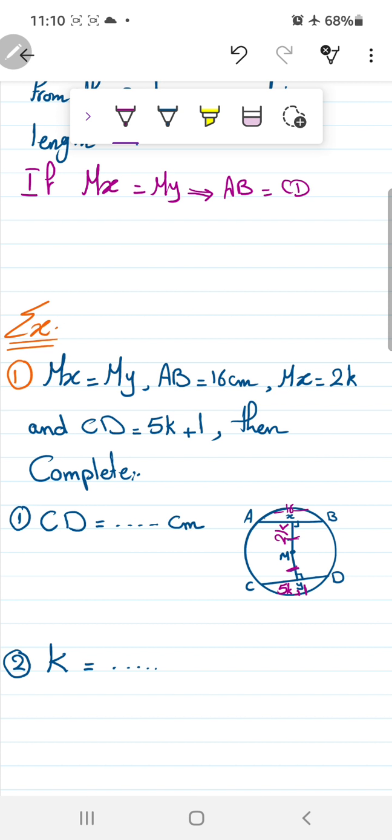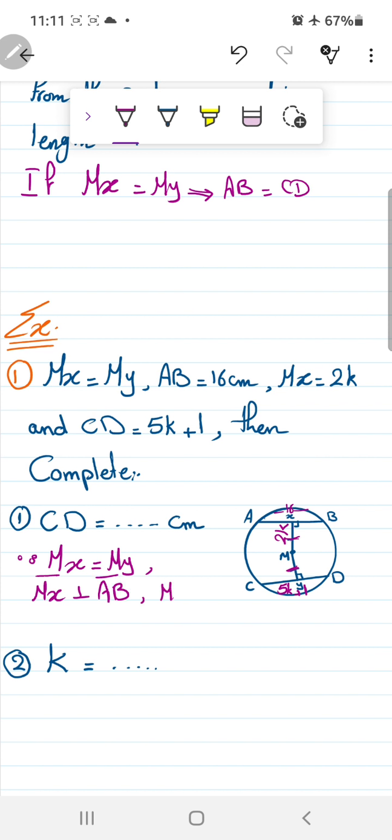We want to get the length of CD. Here we have MX equals MY, the converse of the theorem. So MX equals MY, and MX perpendicular to AB and MY perpendicular to CD, then the two chords are equal: AB equals CD.